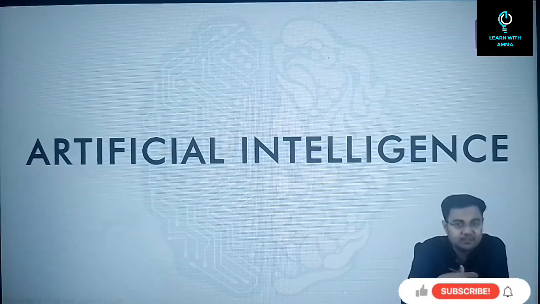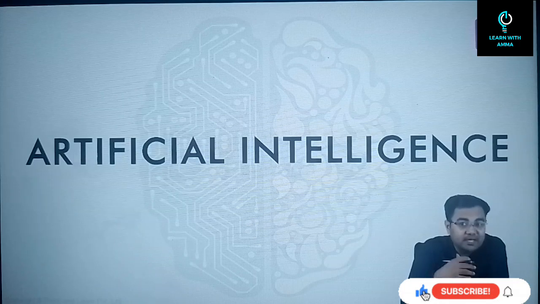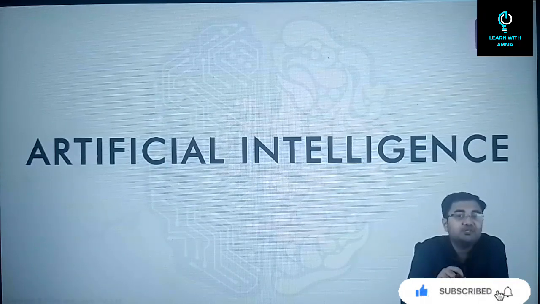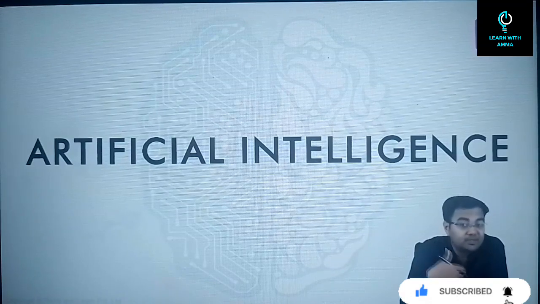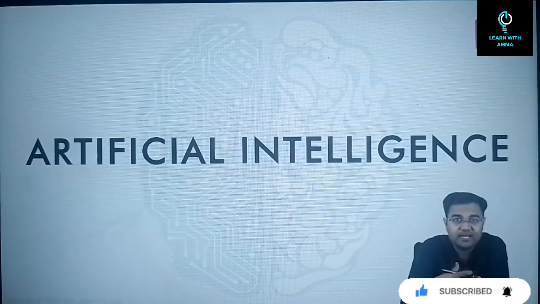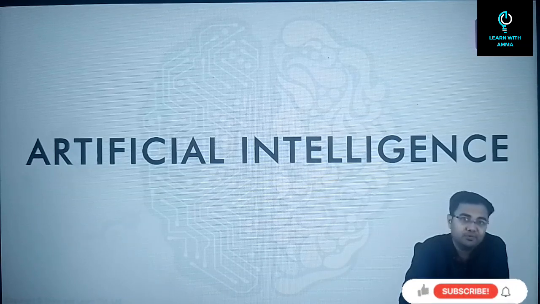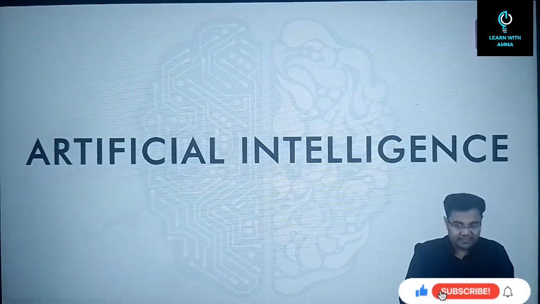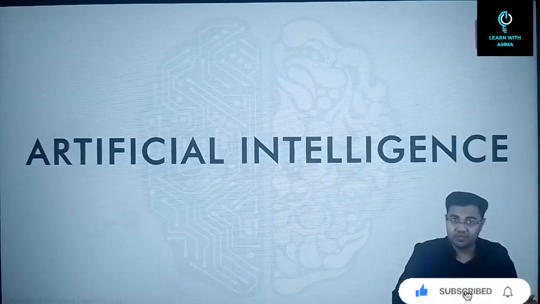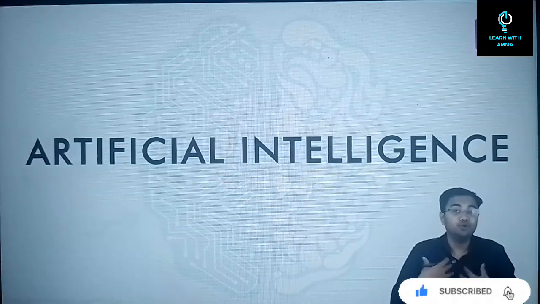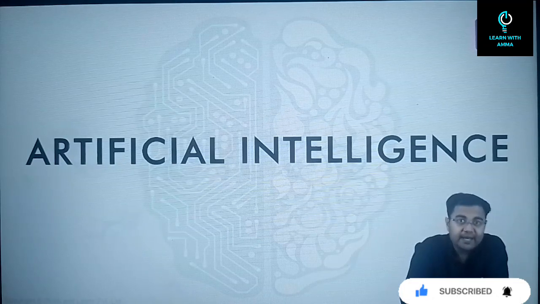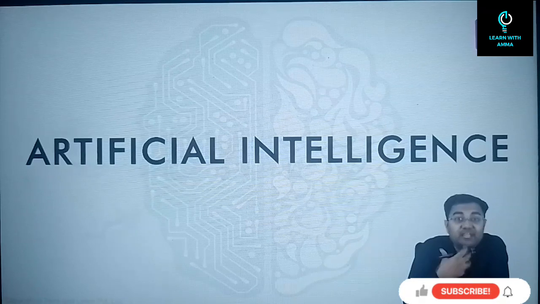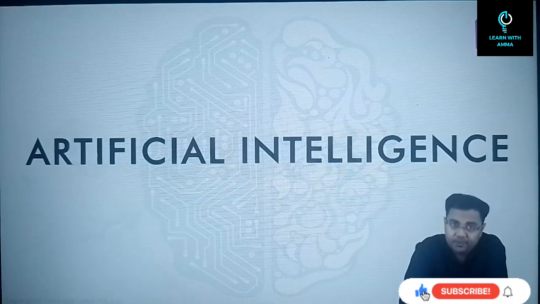Robotics was there, and there were other areas of research, but artificial intelligence was not really there, and it was seen as something that will follow in future and will develop a lot in future. And then if you look at the news articles related to artificial intelligence in the last 2-3 years, last 4-5 years, you'll see that a lot of new things have started to happen in the field of artificial intelligence, and you can say that in a manner the potential of artificial intelligence is now being recognized.